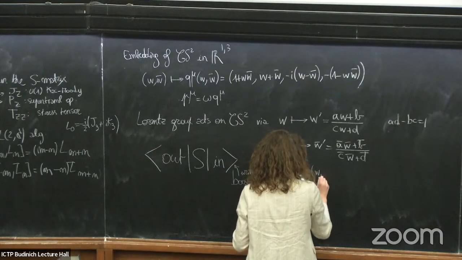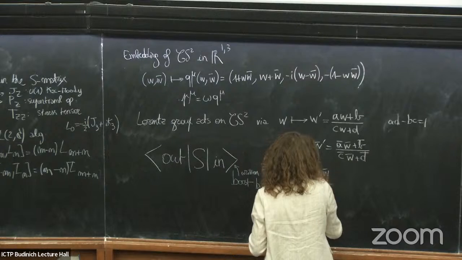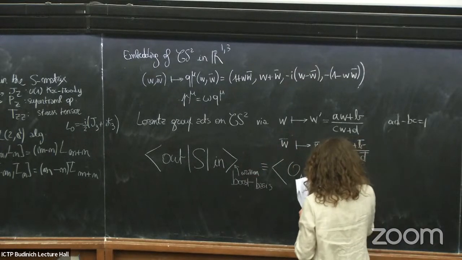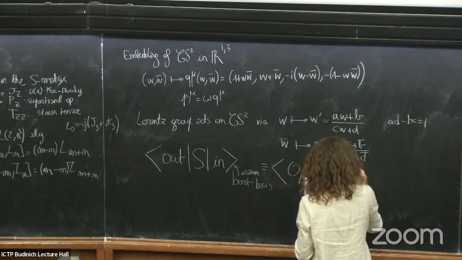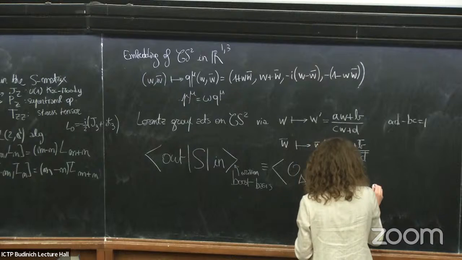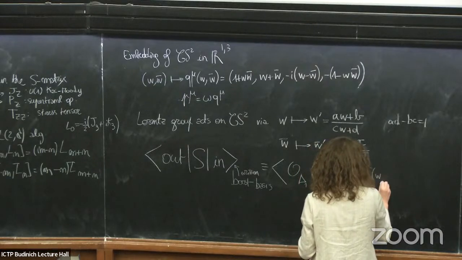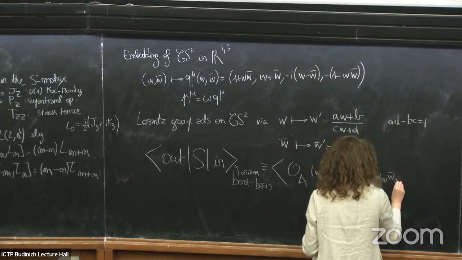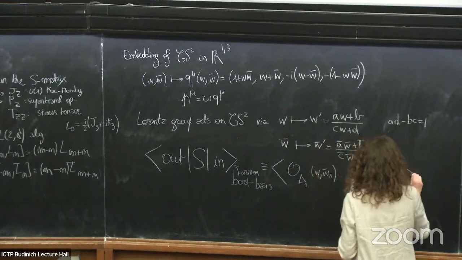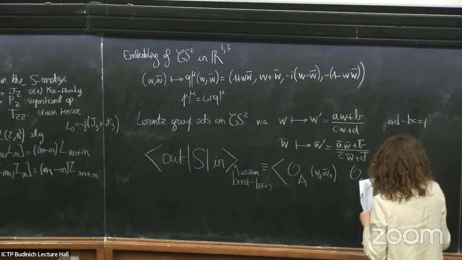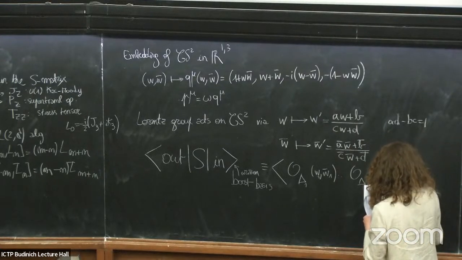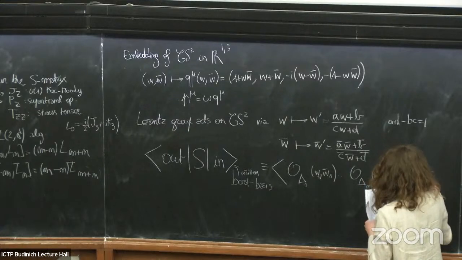We are aiming at eventually interpreting these S matrix elements in this basis. And again, I will define how you can perform this change of basis. So by construction, you will have these manifest SL2C transformation laws.